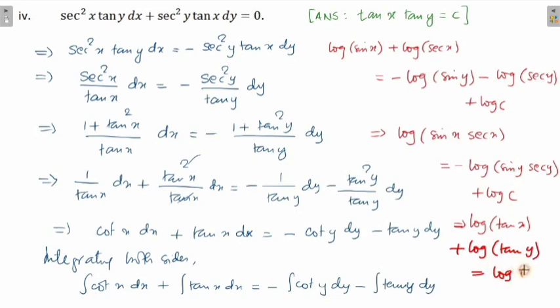Log c is left. Now log a plus log b is log ab, that is log tan x tan y is equals to log c. Remove log and log, you get tan x tan y equals to c. That is, this particular answer will be arrived. So you may pause the video and note down your solution, and please do the last two steps also.